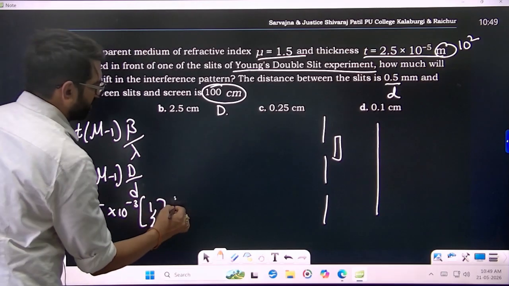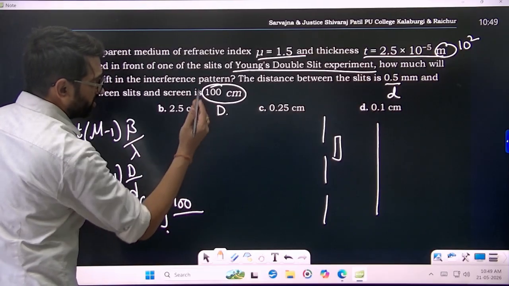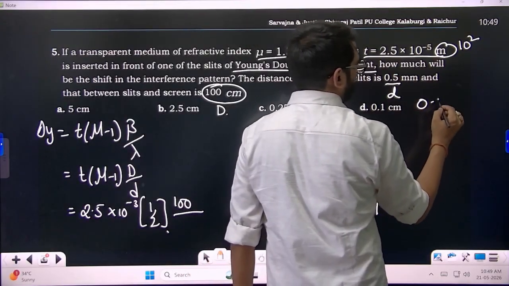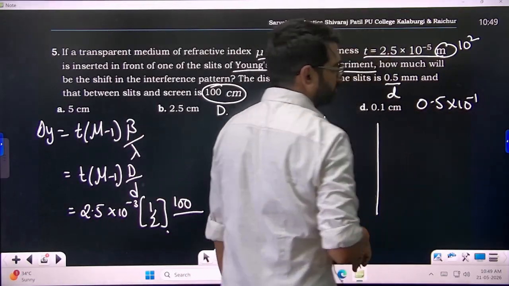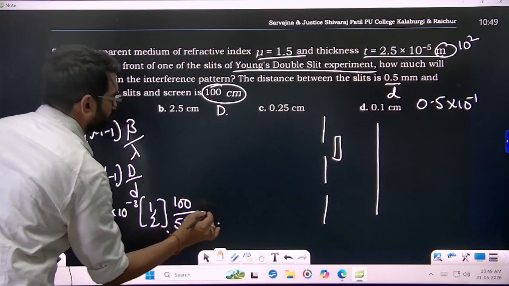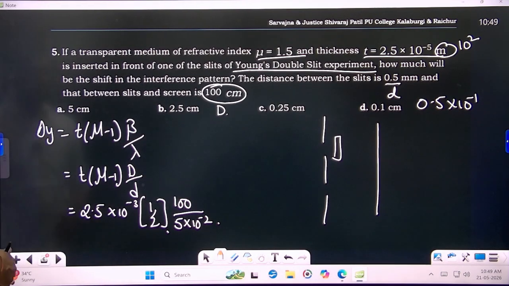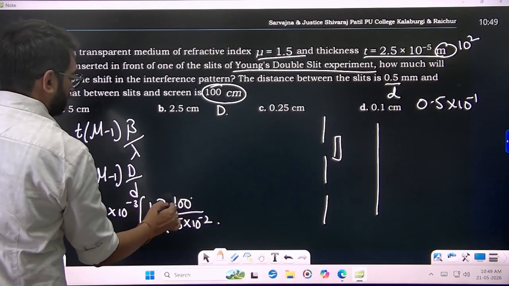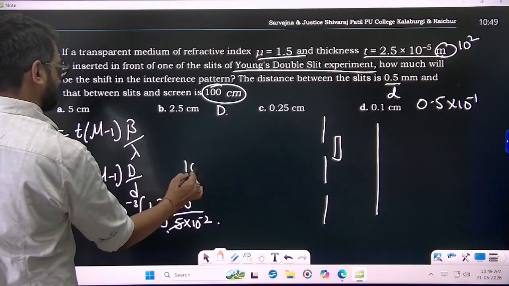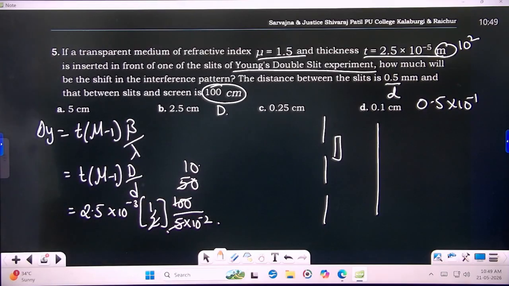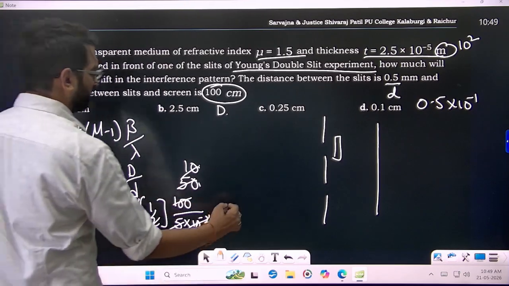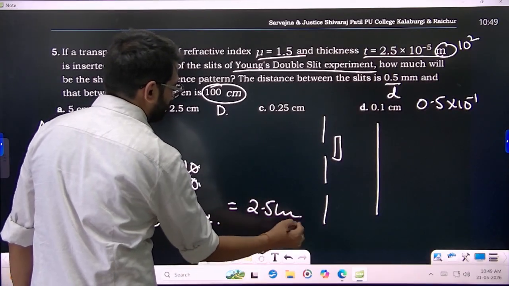Capital D is 100 centimeters divided by small d, which is 0.5 millimeters, so 0.5 into 10 to the power of minus 1 centimeters, which is 5 into 10 to the power of minus 2. So check now what answer we get here. This is 50, then this is 10, and this one and this one get cancelled, 2.5. So 2.5 centimeters.